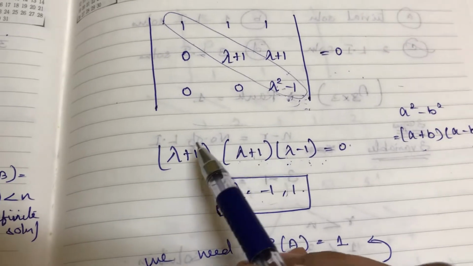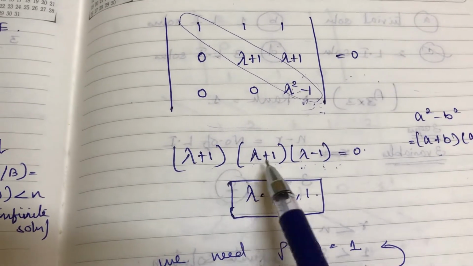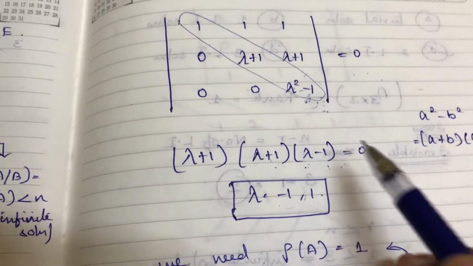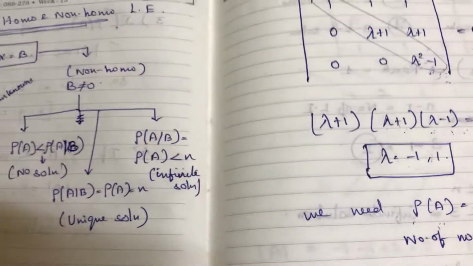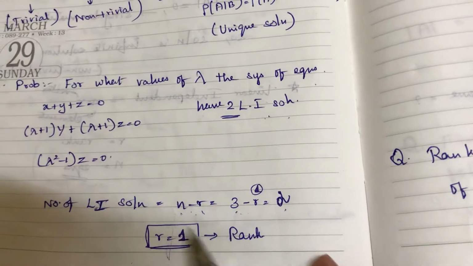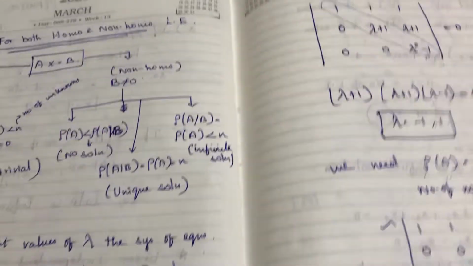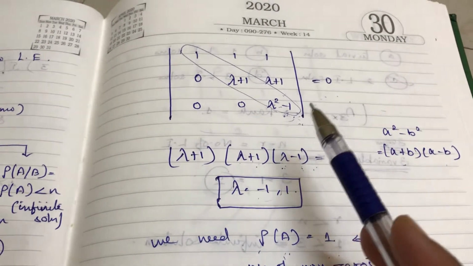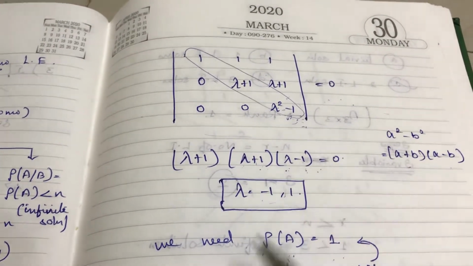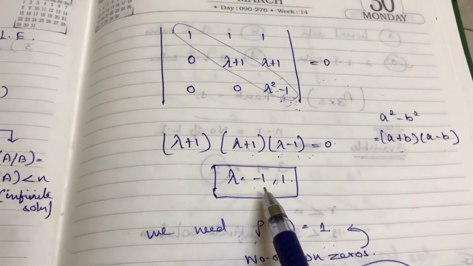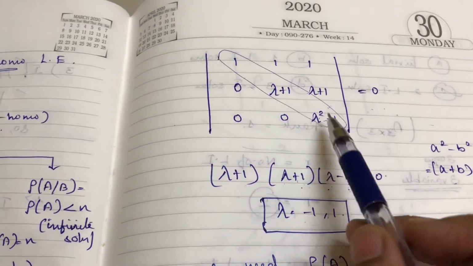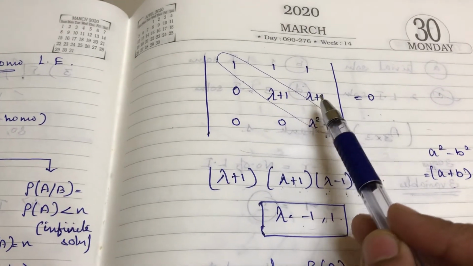You can see here the two values: lambda will be minus 1 and lambda will be plus 1. But we need rank 1, right? Because we found rank 1. So what is the value which forms the matrix to bring the rank as 1? Let's see that. If we put minus 1 here, it will be 0, here it will be 0, here it will be 0.